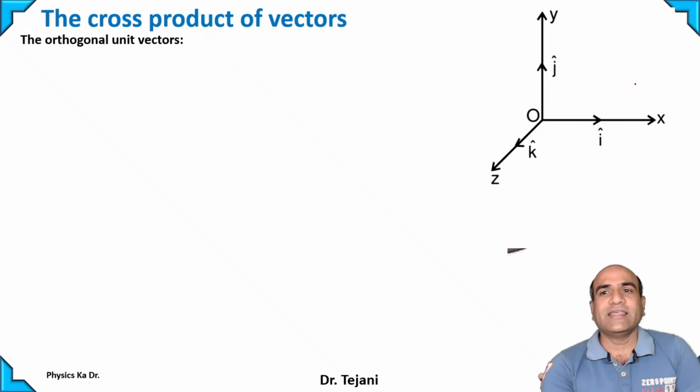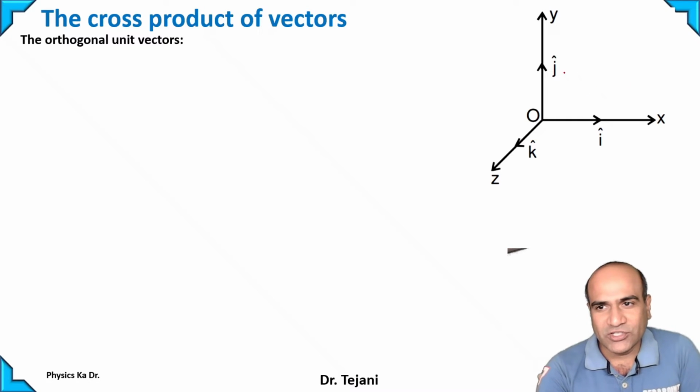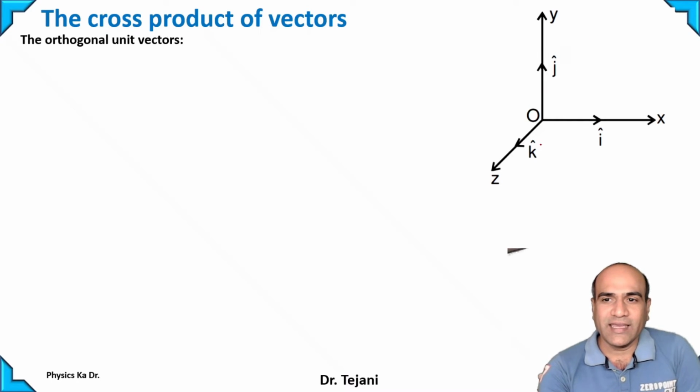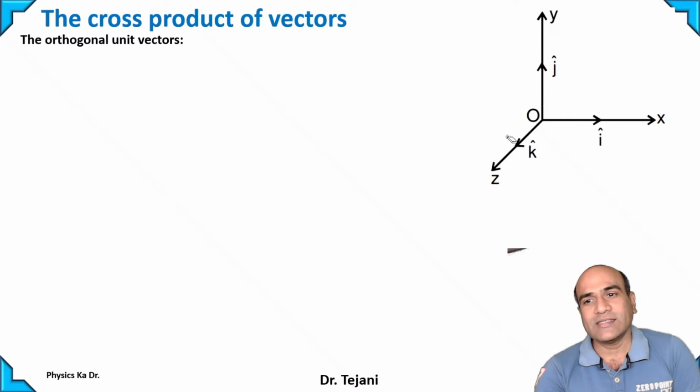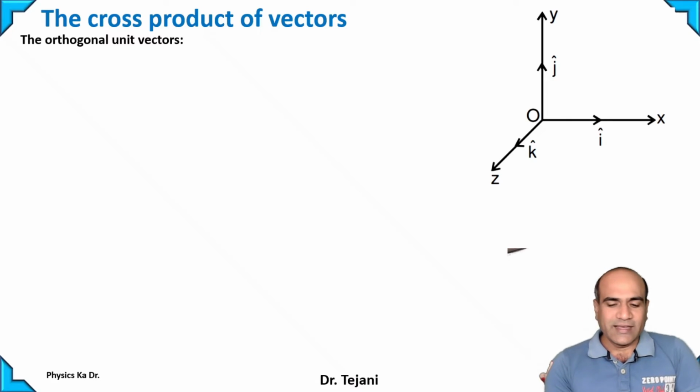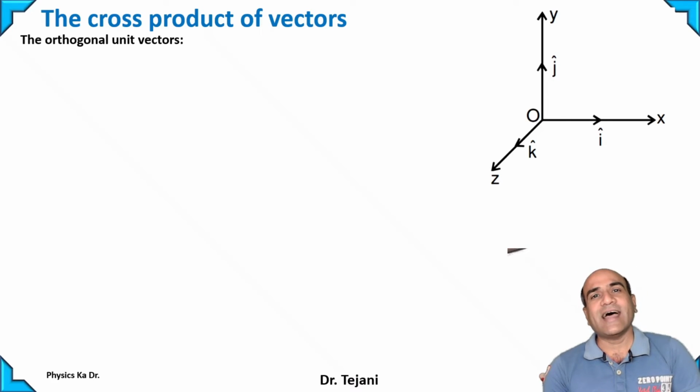So i is the unit vector along the x-axis, j is the unit vector along the y-axis, and k is the unit vector along the z-axis. This i, j, and k represent direction.